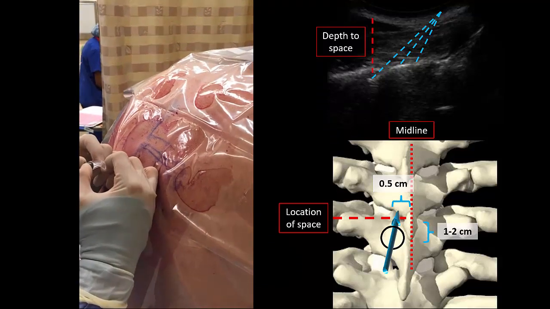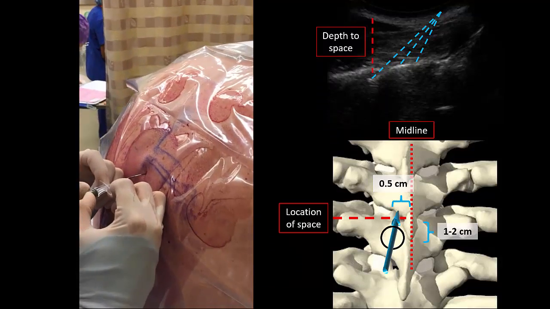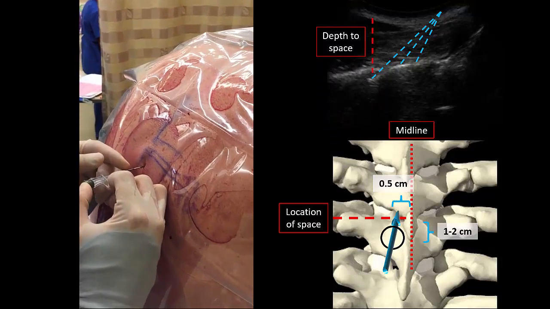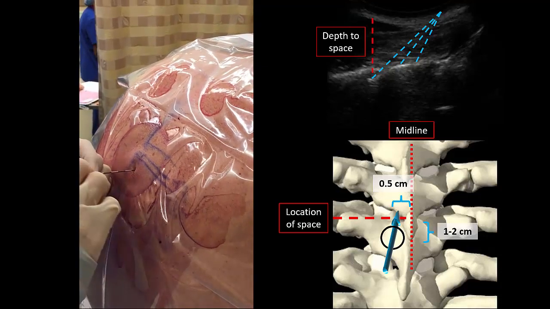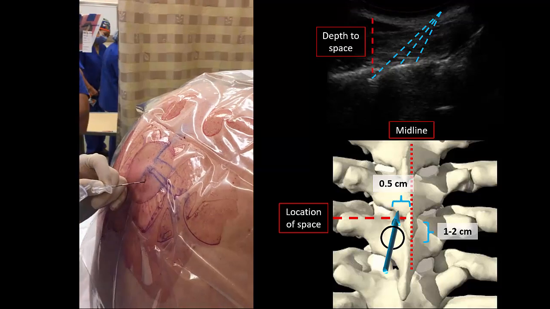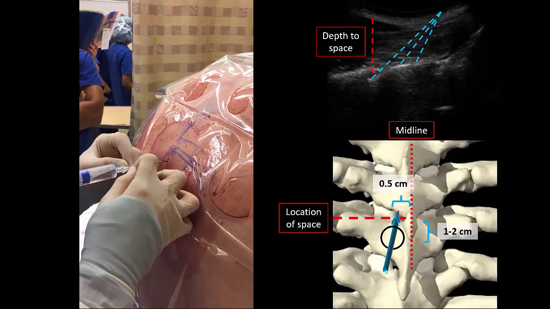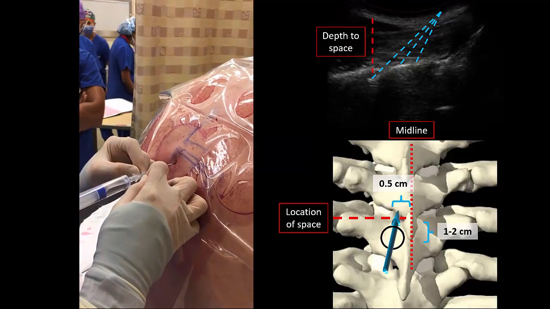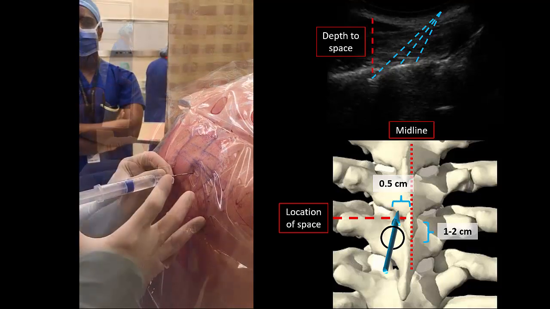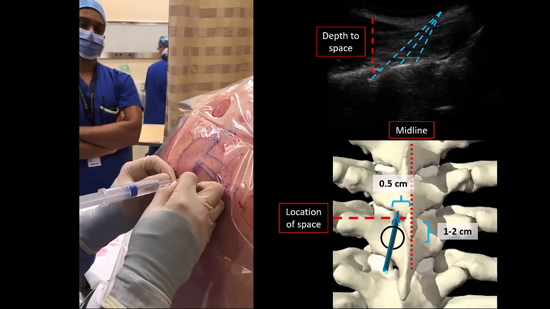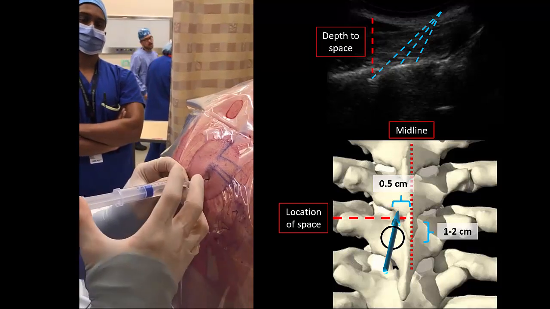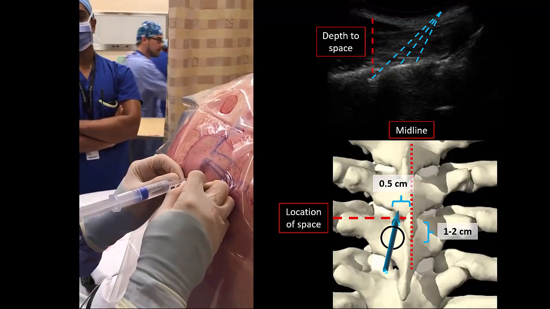So here the needle is contacting the lamina at the estimated depth of 3 centimeters. At this point, the stylet is removed and the loss of resistance syringe is attached. The needle is then walked gradually off the edge of the lamina into the interlaminar space to engage the ligamentum flavum and to seek the traditional loss of resistance.